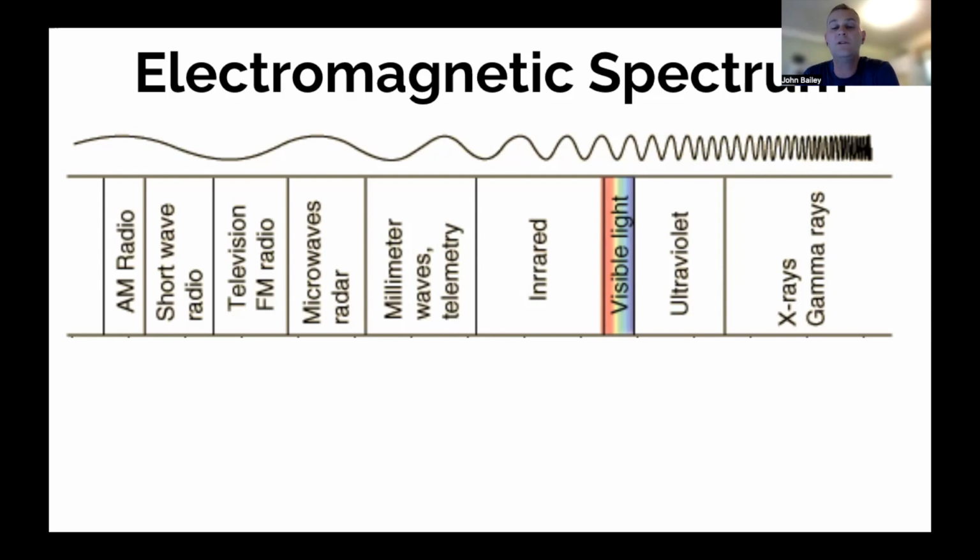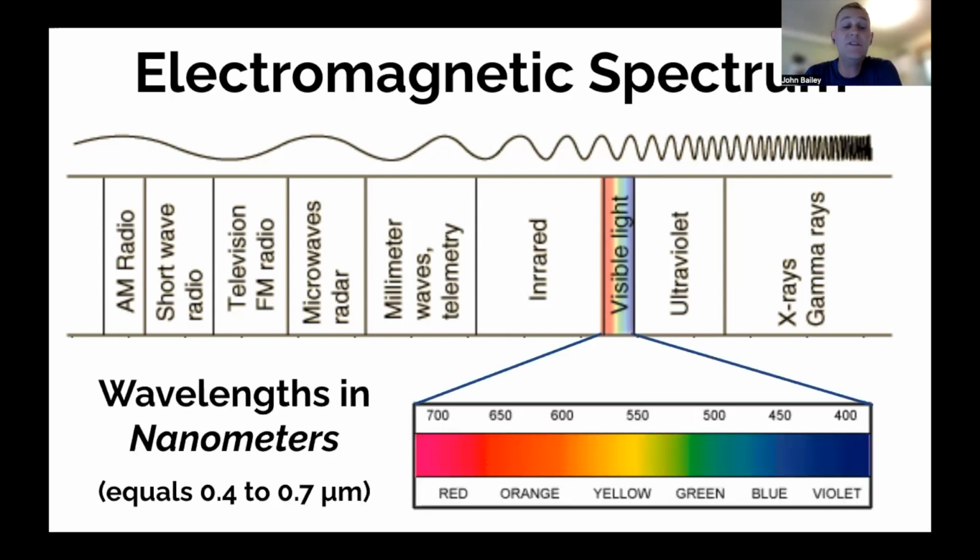And we put them on a big spectrum and give different parts of that spectrum names, including things like visible light. This corresponds to wavelengths that we are able to detect with our own eyes. It's in the 400 to 700 nanometers, or if you prefer, 0.4 to 0.7 microns or micrometers.